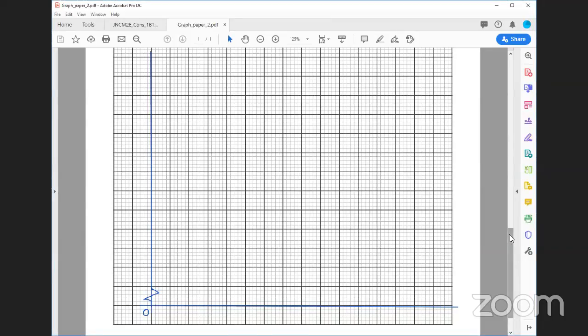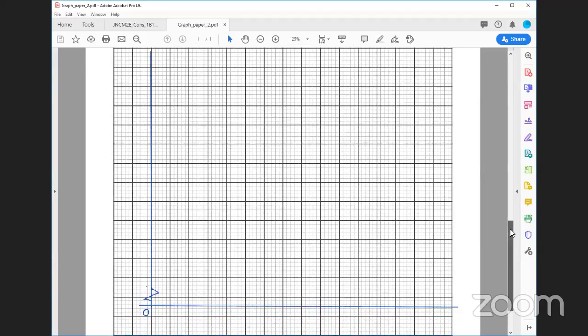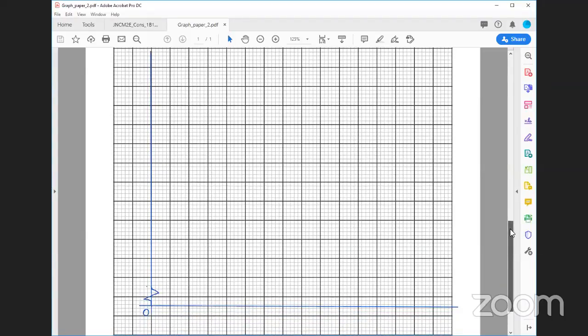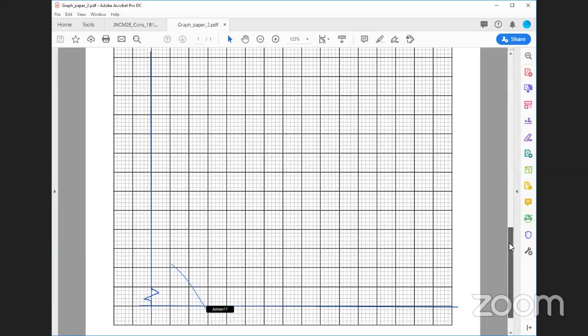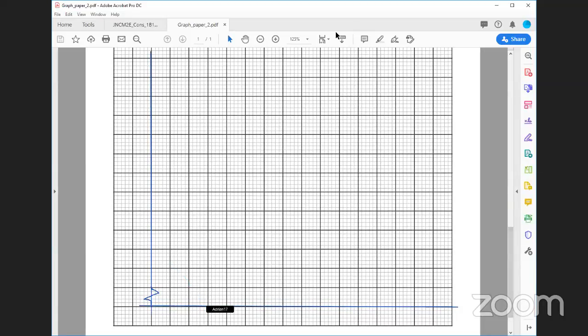If I move it a little bit higher, then the drawing will move. Can I move the drawing? I cannot. That's why I should keep it like that. Anyway, sorry about that.